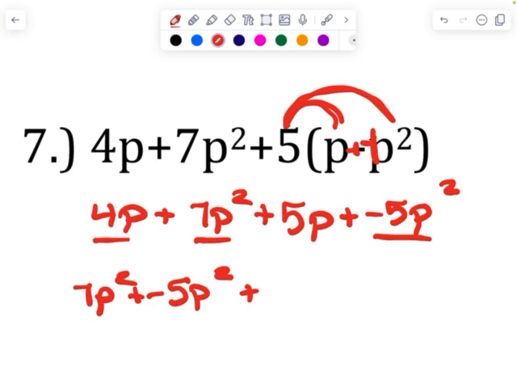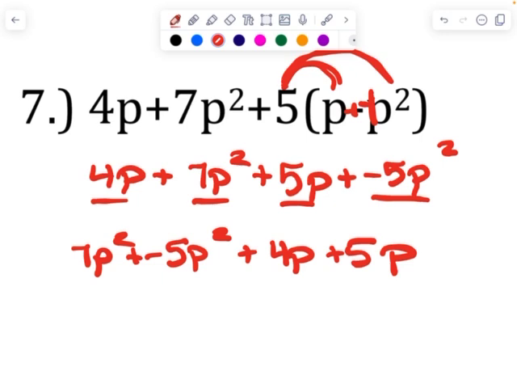And then plus 4p plus 5p. Go ahead, try to simplify, and let's compare final answers. All right, do we have 2p squared plus 9p? You should.